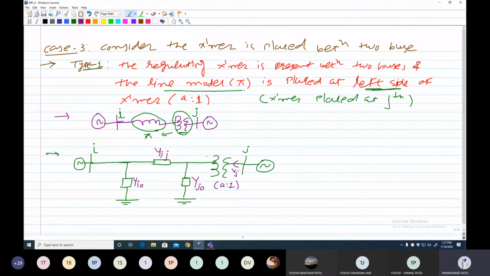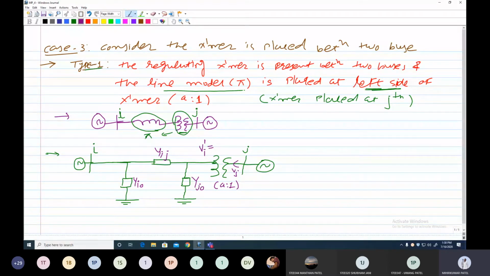So what will be the value of the secondary side voltage Vi dash with respect to Vj? If my primary voltage of the transformer is Vj, then what will be the secondary side voltage according to this transformation ratio?